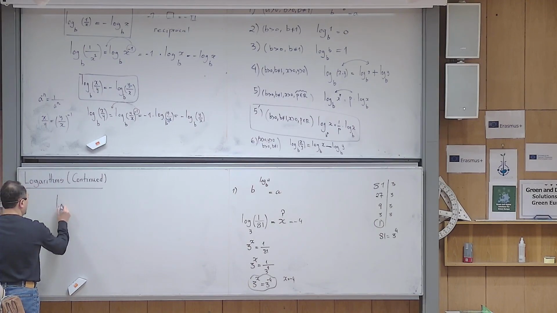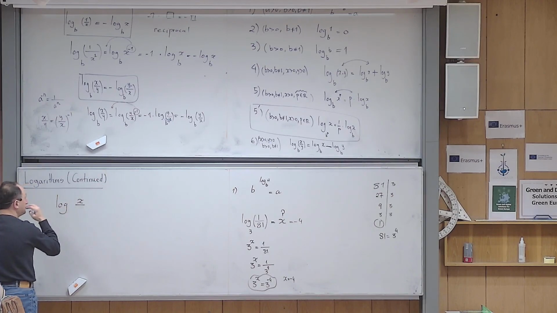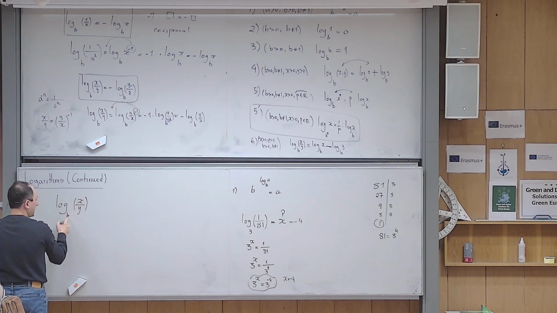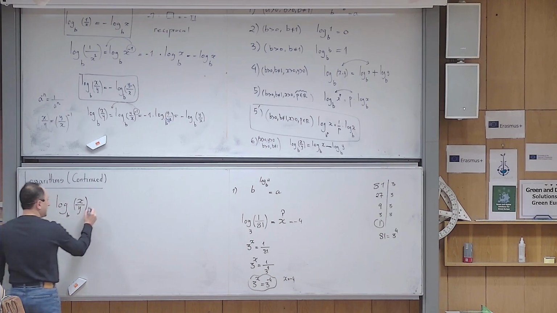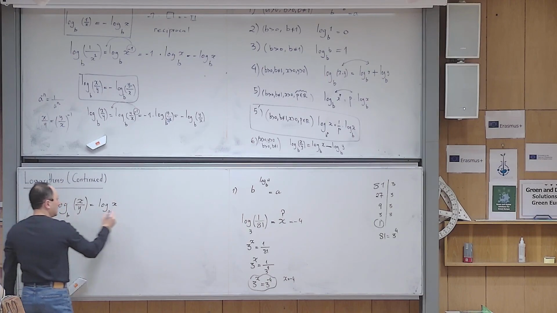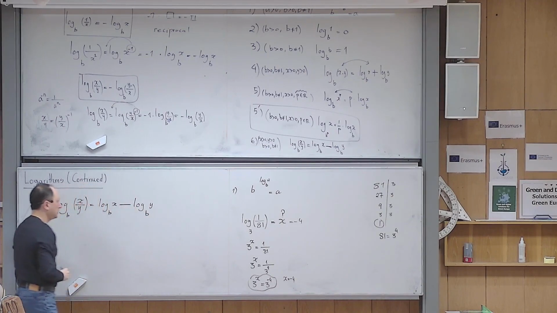I want you to tell me why, based on what you have learned so far. So we review. Why do you think the logarithm of a fraction in any acceptable base b can be written as the log of the numerator to the base b minus the logarithm of the denominator to the base b? Why should this be true?